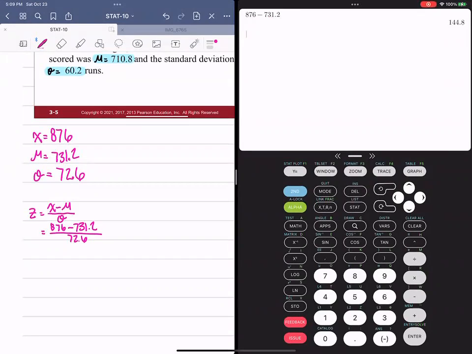We could write that down over here: 144.8, and we're dividing this by 72.6. That gives us a value of 1.99449, so 1.9945. Since it's relatively close to 2, we could just say that it's equal to 2. So that's for the Red Sox.